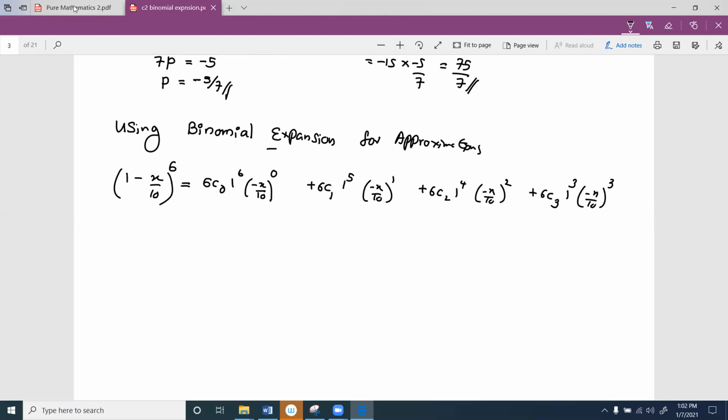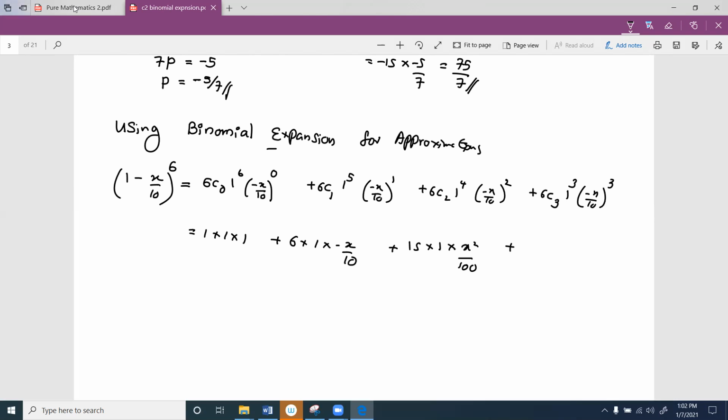Then 6C0 is 1, 6C1 is 6, 1 into minus x over 10. 6C2 is 15, 15 into 1 into x squared over 100. Here when you square this, the negative sign gets squared and cancels off.